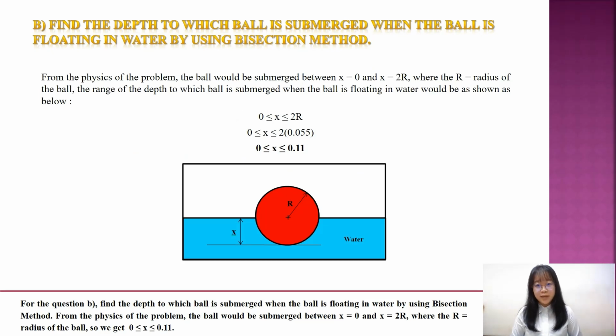For question B, find the depth to which the ball is submerged when floating in water by using the bisection method. From the physics of the problem, the ball will be submerged between x equal to 0 and x equal to 2r, where r is the radius of the ball. So we get the range of x as 0 to 0.11.